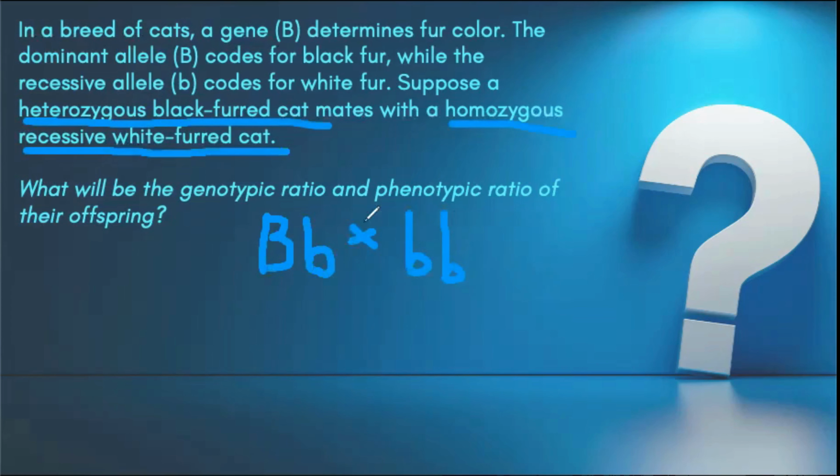What we have to do is figure out the genotype ratio and the phenotype ratio in this question, so we're going to do a cross. The way you set up the cross is we have to create our Punnett square.